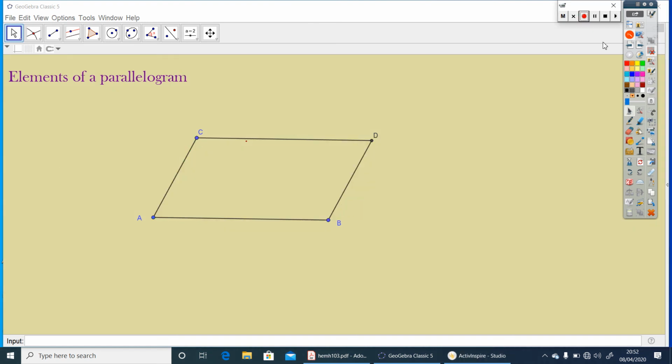Now, similarly, consider the angles. Angle A and angle C. These two angles are nearby angles. So, these two angles we can call adjacent angles.